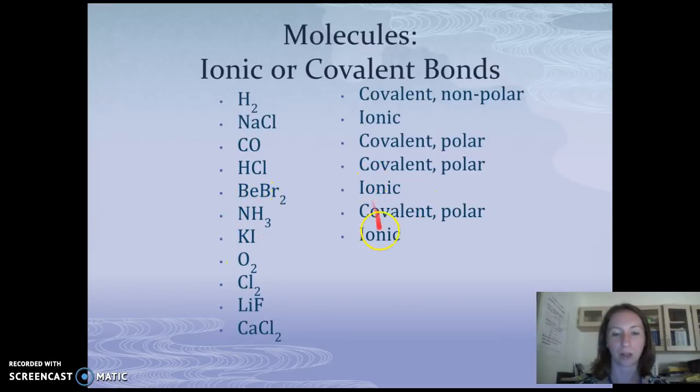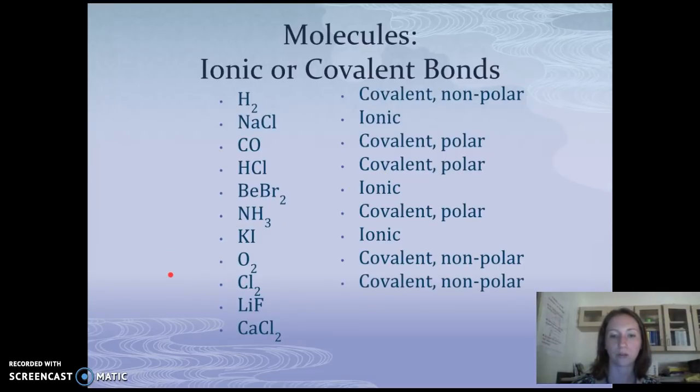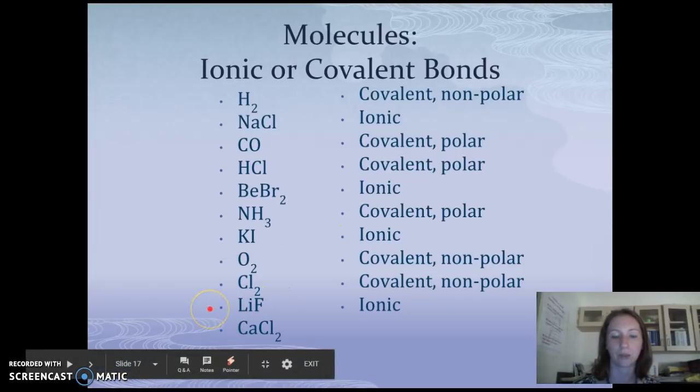So you can kind of guess that they're going to be ionic when it's metal, non-metal. Two oxygen atoms would be covalent nonpolar. Chlorine, covalent nonpolar. Ionic. Lithium and fluorine, a metal and a non-metal. And then calcium chlorine, a metal and a non-metal, ionic.